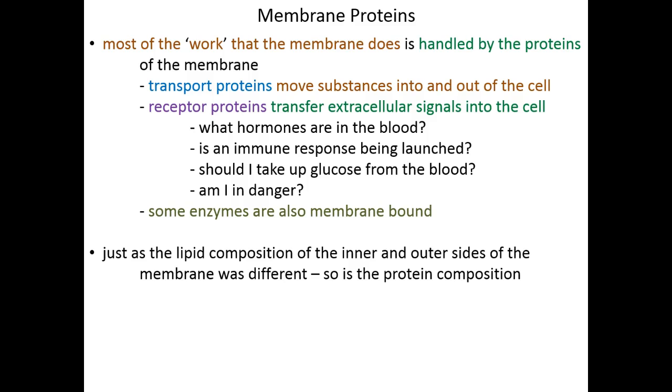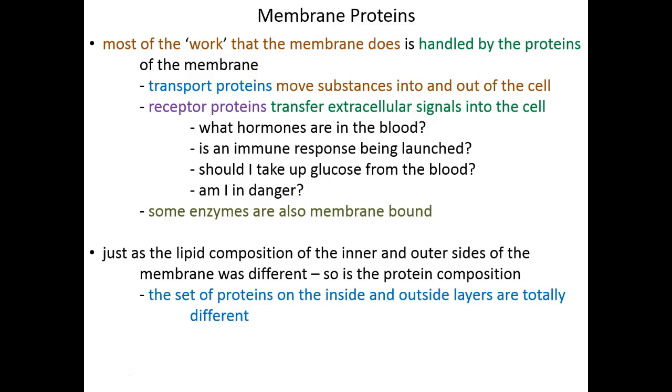So just as the lipid composition of the inner and outer faces or leaflets of the membrane were different, so too is the protein composition. We see different proteins on the different faces, especially for the peripheral proteins and the non-transmembrane integral proteins. So different sets of proteins lie inside and outside the layer, and those different proteins give different functions to the inside and outside layer of the membrane.